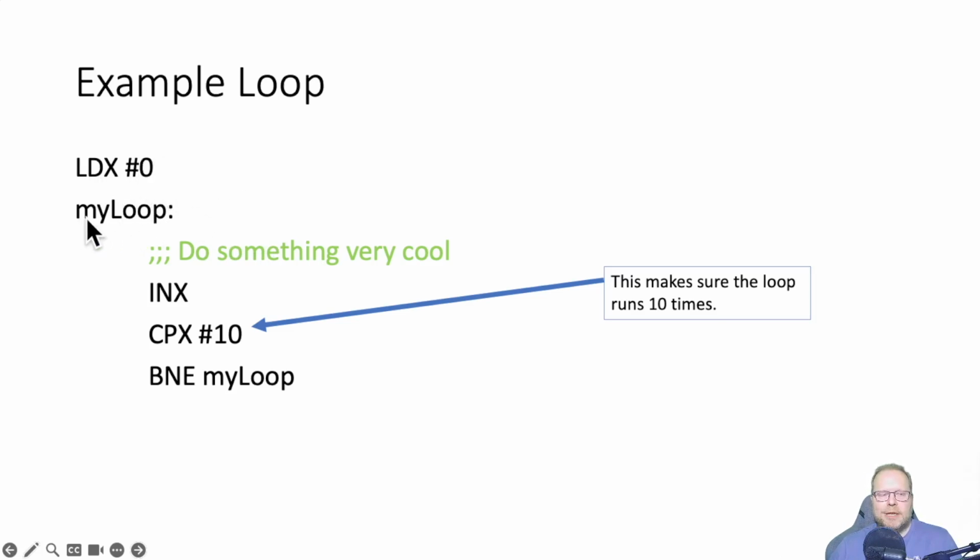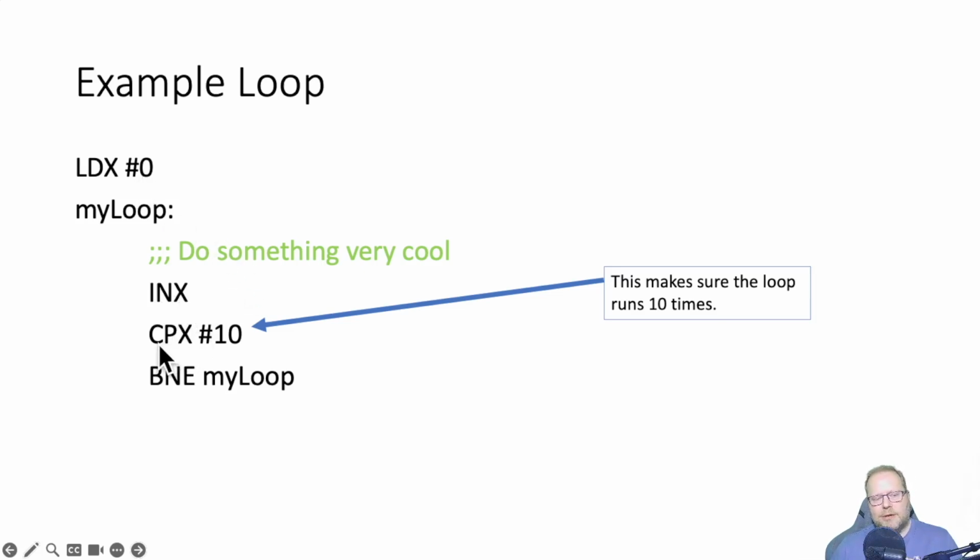Then I create a label called my loop. Of course, it could be whatever you want. The first thing I do here under my label is I do something very cool. In other words, I have some code that I need to perform in here. Once I've performed all that code, then I say increase X by 1. So now X goes up from 0 to 1.